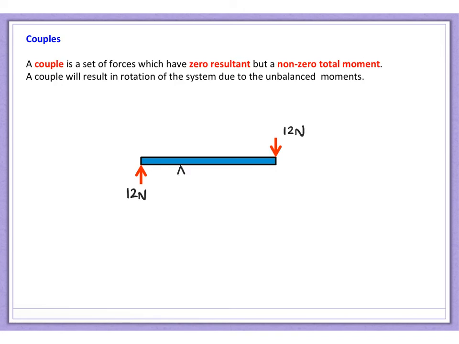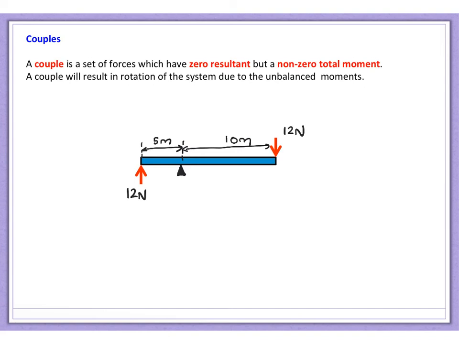I'm going to pivot my rigid body at this point over here. So that then allows me to calculate some moments about this point. Let's put in some distances. So the distance here is 5 meters and the distance here is 10 meters.